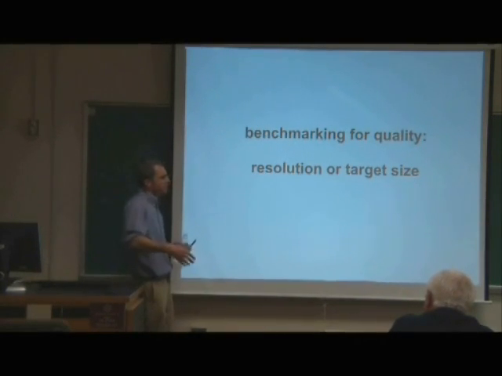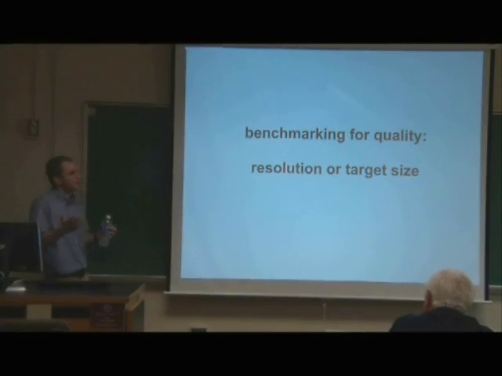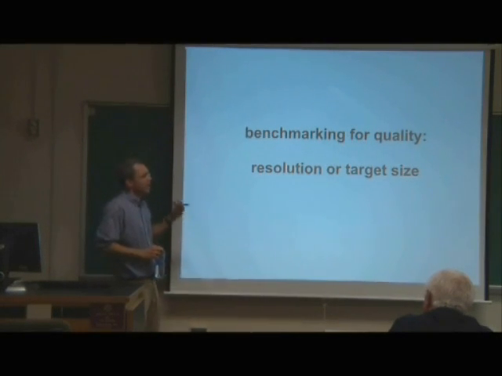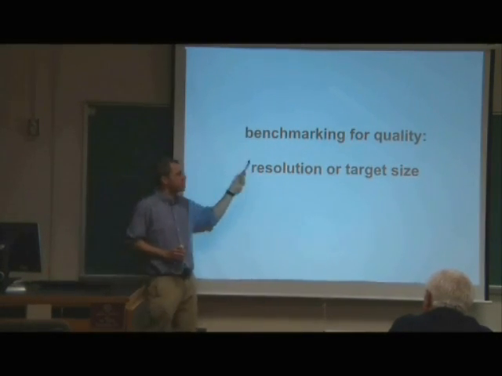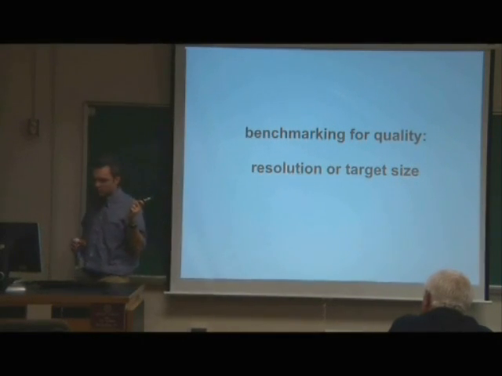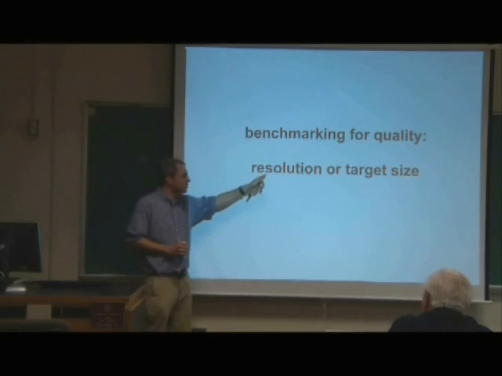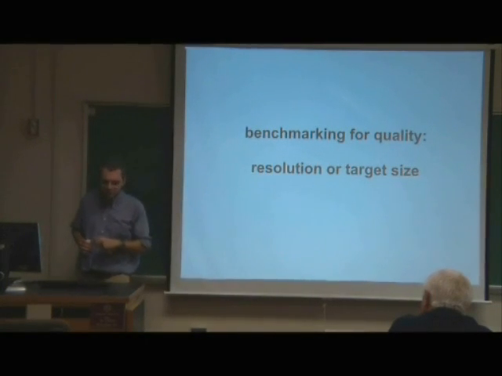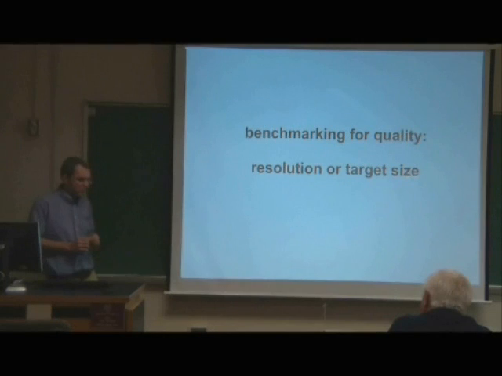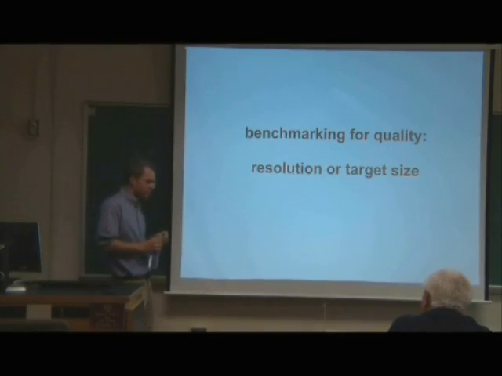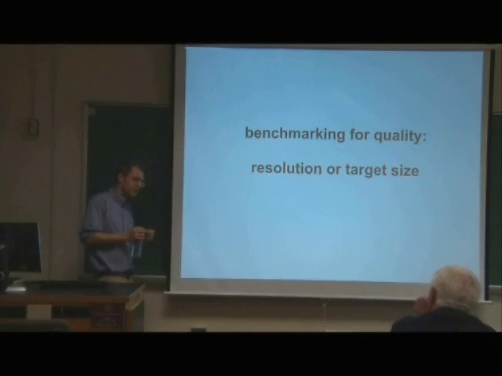You can say that generally they should be scanned at X DPI. Out in the library world, there are these kind of conventions. But if you really want to be specific to your particular content, you can do what's called a benchmarking process, which essentially means a really close analysis of the features of your content. So what you're trying to do when you arrive at a particular resolution is identify the smallest detail in your source that you want to make sure is represented in your digital image.